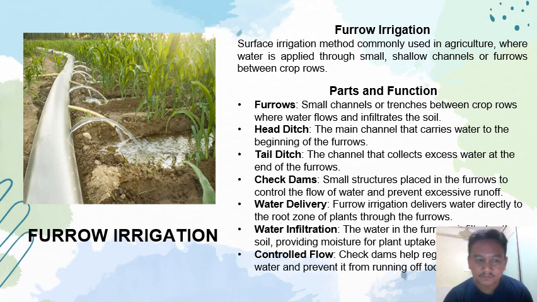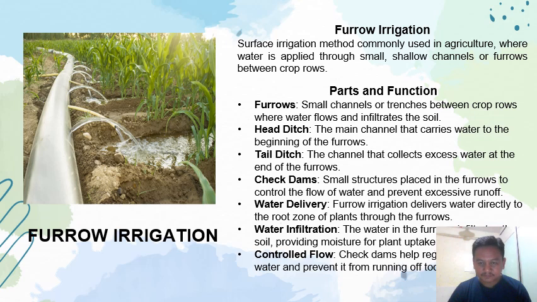What is furrow irrigation? Furrow irrigation is a surface irrigation method commonly used in agriculture where water is applied through small, shallow channels or furrows between crop rows. Parts and function. Furrow, small channels or trenches between crop rows where water flows and infiltrates the soil.